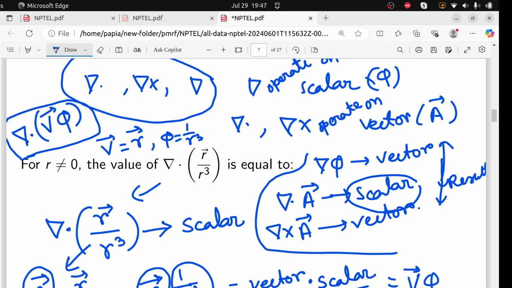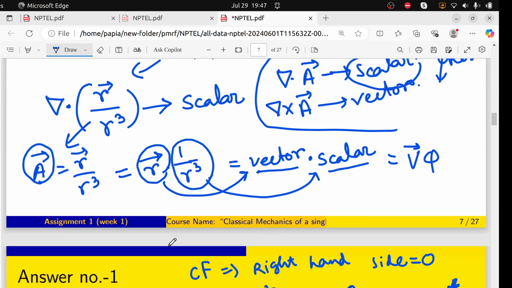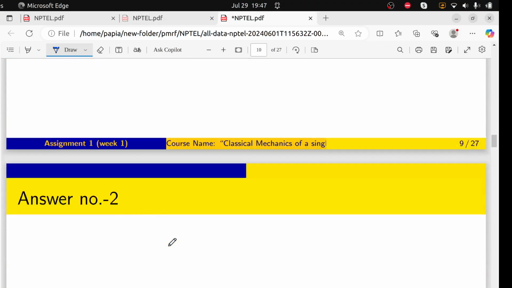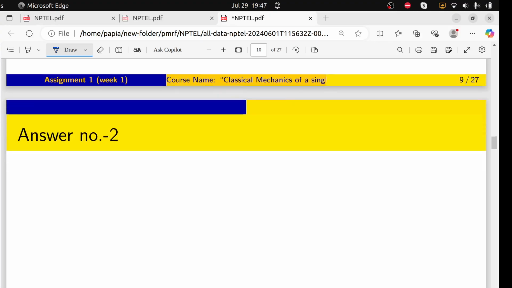Now I need to calculate the divergence of the multiplication of one vector and a scalar. So what is the rule for that? I am writing here. For the next class, I will make so many pages so that I can write fluently. Here we were talking about this: I have one vector and one scalar, and as a whole the multiplication gives us a vector, and I am applying divergence on this vector.